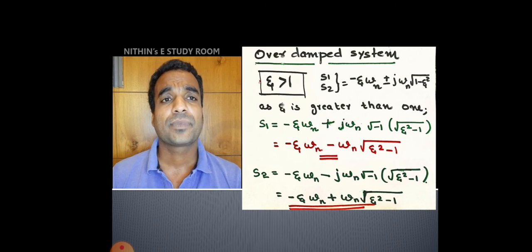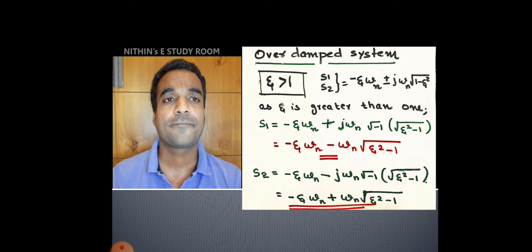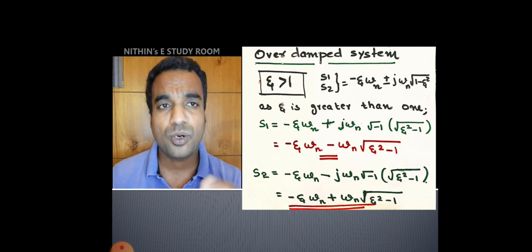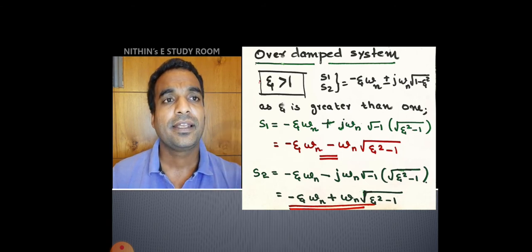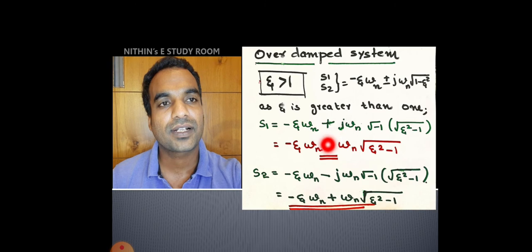This is the first root for the overdamped system. Because in S1 we are giving plus here, that plus is converted to negative by doing this calculation.